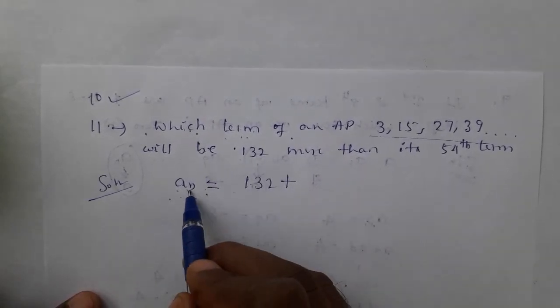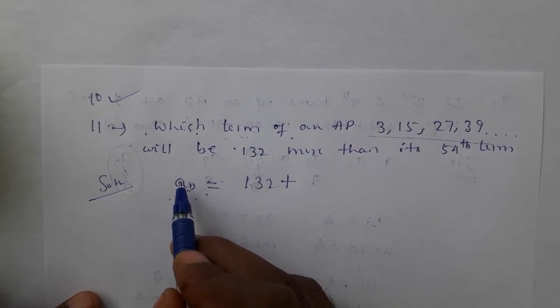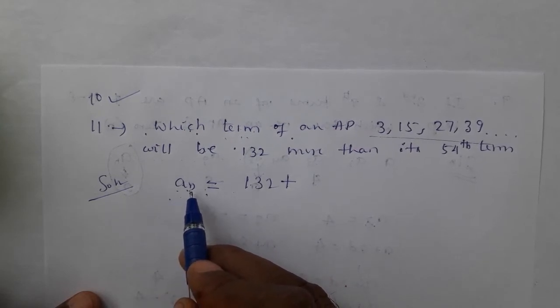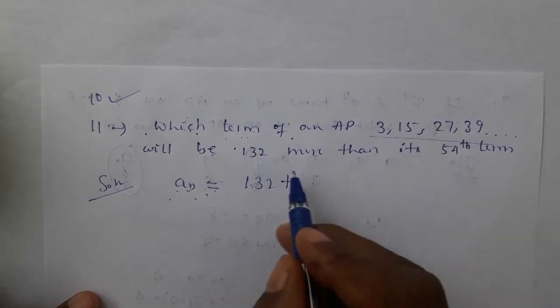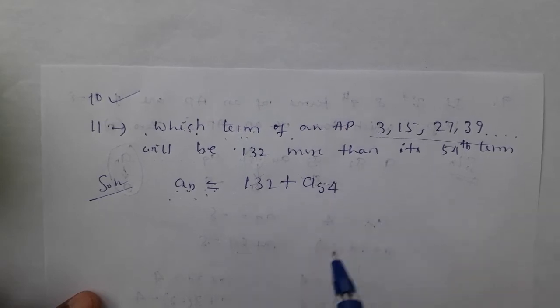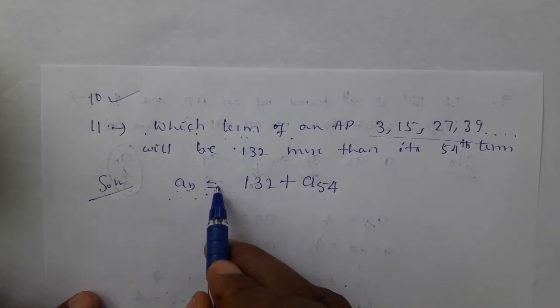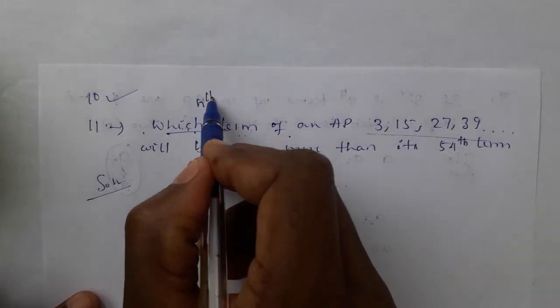Which term, an means which term. If 3 is given, I read it as third term, 4 given fourth term. If n is given, nth term or which term of an AP will be equal to 132 more than 54th term. 54th term how to write? A54. Nth term is equal to 132 more than A54.